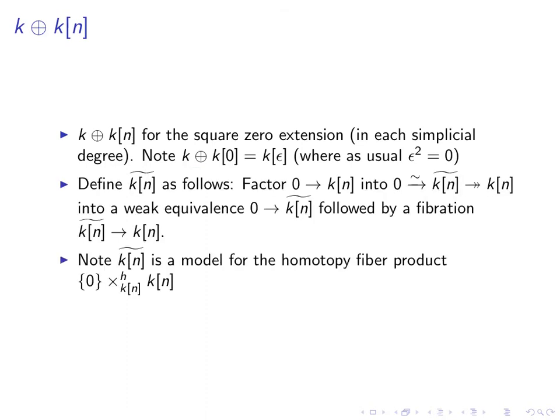We're going to define k bracket n tilde as follows. We factor the 0 map from 0 to k bracket n into a weak equivalence followed by a fibration. We could in fact have a trivial cofibration followed by a fibration, but okay. And note that k bracket n tilde is a model for the homotopy fiber product.